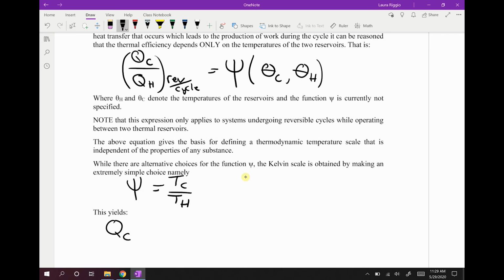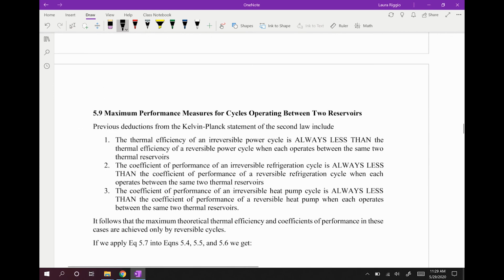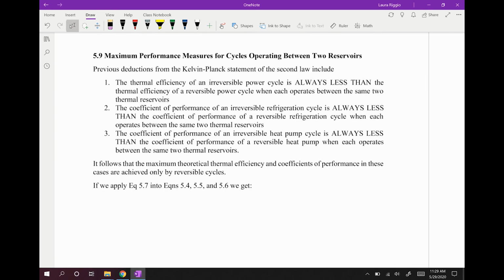This tells us that QC over QH for a reversible cycle is equal to TC over TH. We're going to use this to define the maximum performance for our cycles operating between two reservoirs.